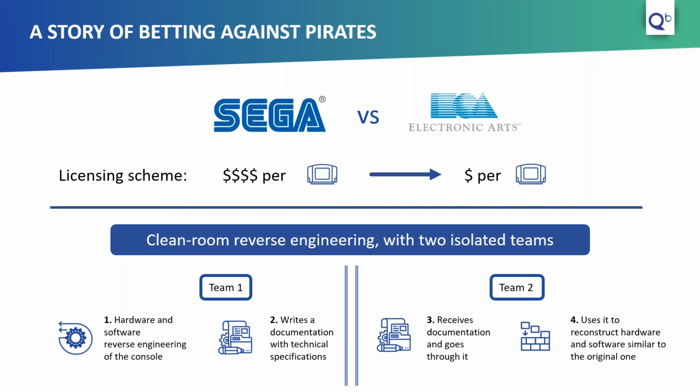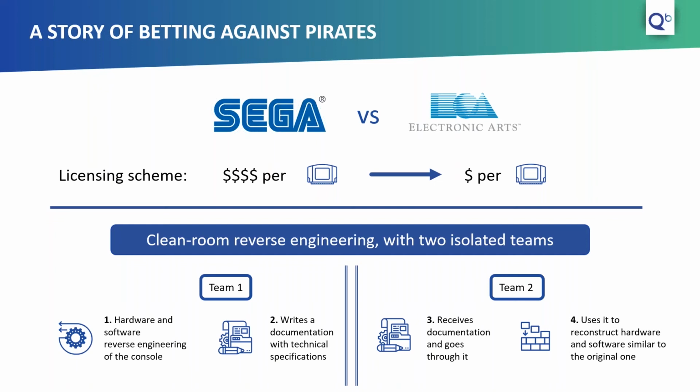At this time, Sega charged $8 to $10 for every cartridge produced on the Sega Genesis. For example, NBA Jam sold 1.93 million copies, and EA wasn't so keen to pay at least 15.4 million in licensing fees alone.